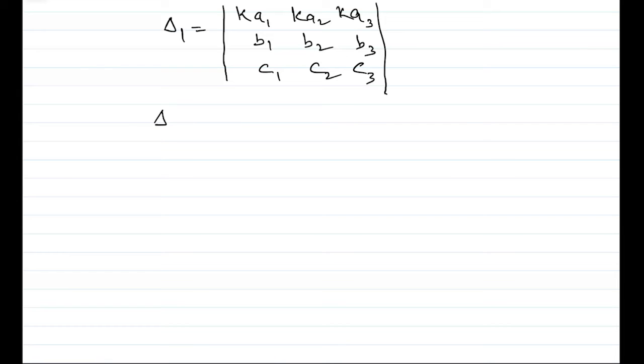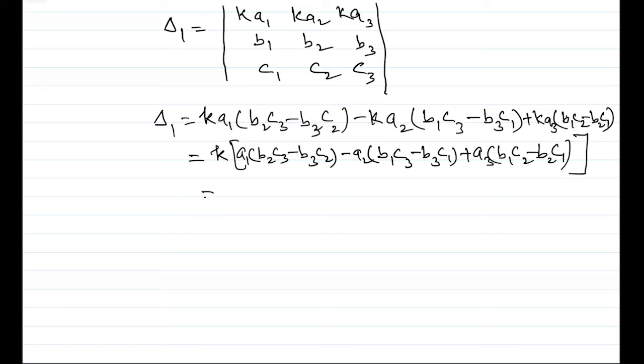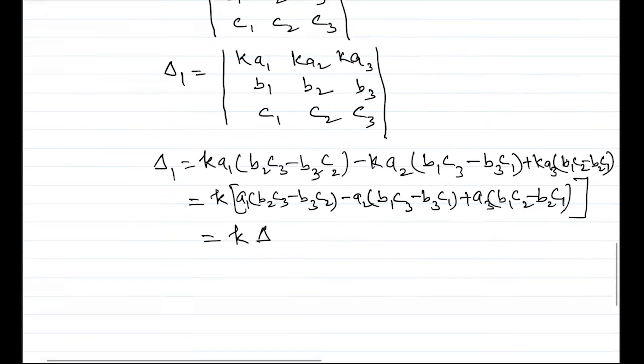Expanding delta 1 along the first row, we'll get plus ka3 (b1 c2 minus b2 c1). Taking k common from the right hand side, we'll get a1 (b2 c3 minus b3 c2), and so on. Now inside the bracket, this is the value of delta.